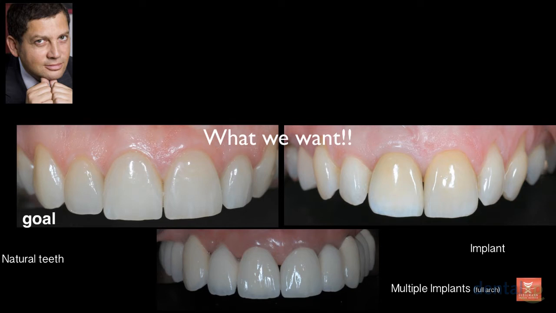So what we saw over time is that we want to have the same aesthetic result with single implants and multiple implants like with natural teeth, but the biological changes around implants over time are different than around natural teeth. So we come back to the same conclusion that implants are not teeth.